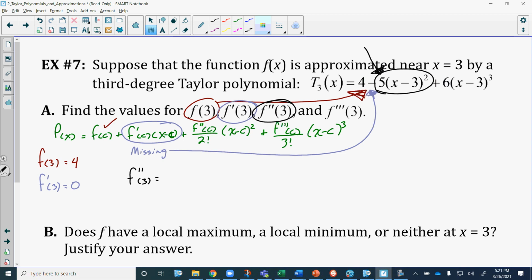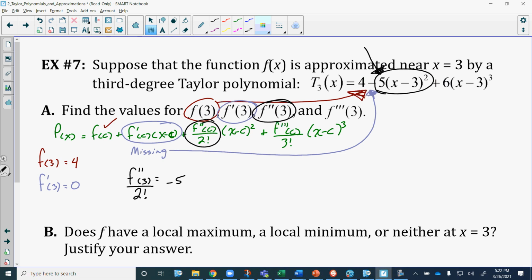So I'm focused on the coefficient, and in this case, f double prime of 3 over 2 factorial is equal to negative 5.